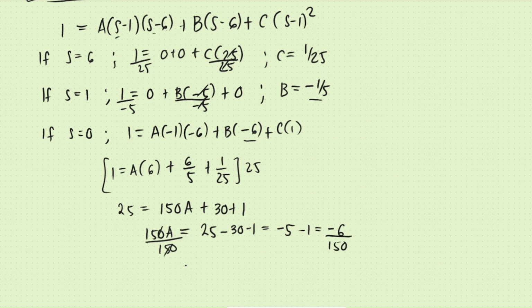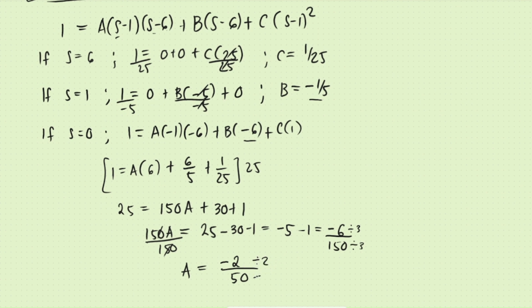So we'll have our a. We can actually reduce this to lowest terms. Divide by 3, divide by 3, we'll have negative 2 over 50. But we can still divide it by 2.